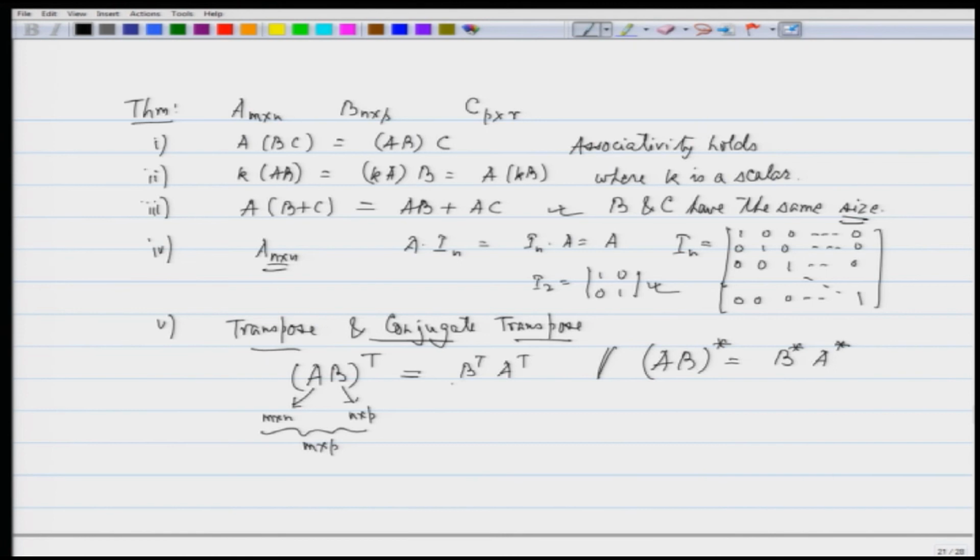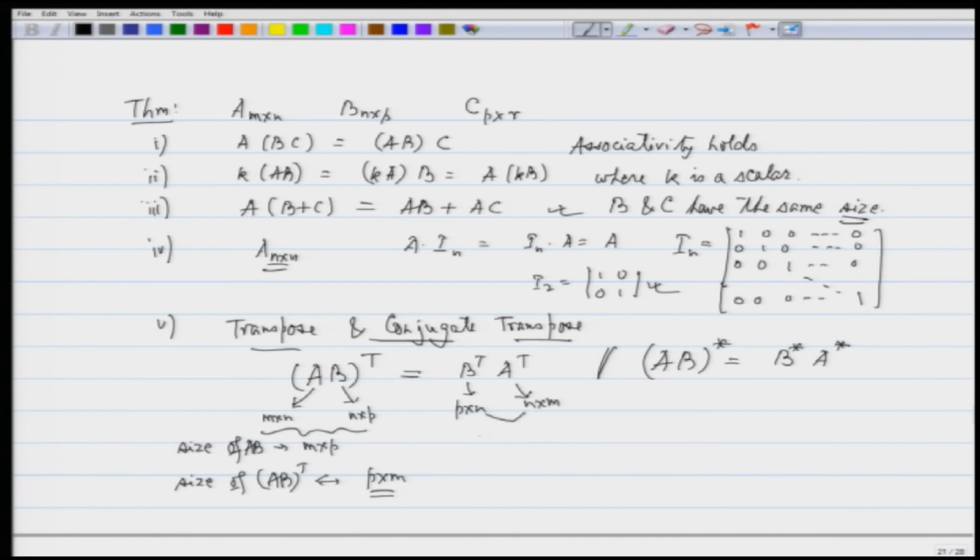Look at the transpose of AB. The size of AB was m cross p, therefore the size of (AB) transpose is p cross m. Let us look at the size of B transpose A transpose. The size of B transpose is p cross n, and the size of A transpose is n cross m.